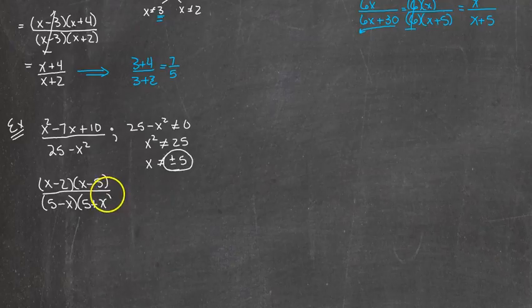Now notice that I almost have factors that can cancel, but let's take it off to the side where it's easier to see. What I'm really looking at is x minus 5 over 5 minus x. And subtraction is not commutative, right? 2 minus 5 is not the same thing as 5 minus 2.